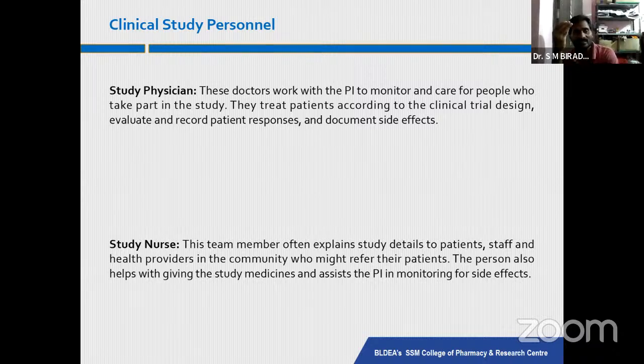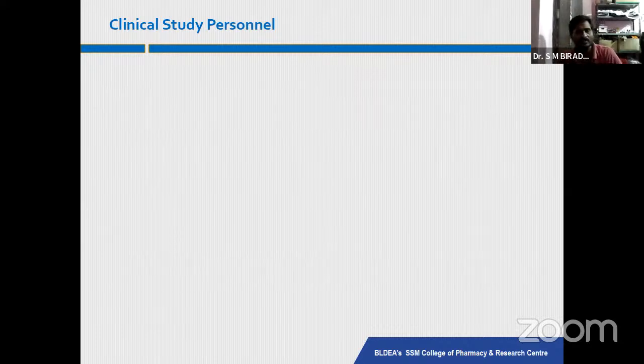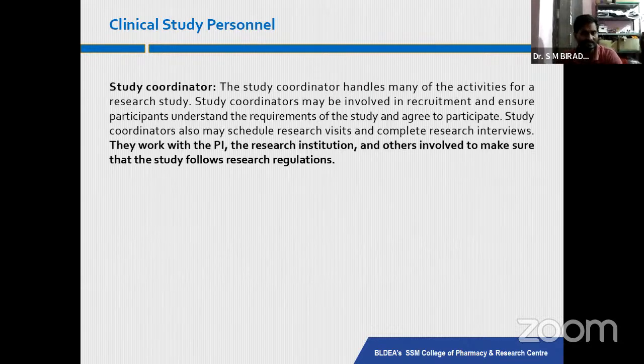They can see any small changes which are not seen by the investigator or the physician. The nurse is involved in the administration and in collecting the data from the patient. So the nurse plays a very important role in critical analysis of a patient.